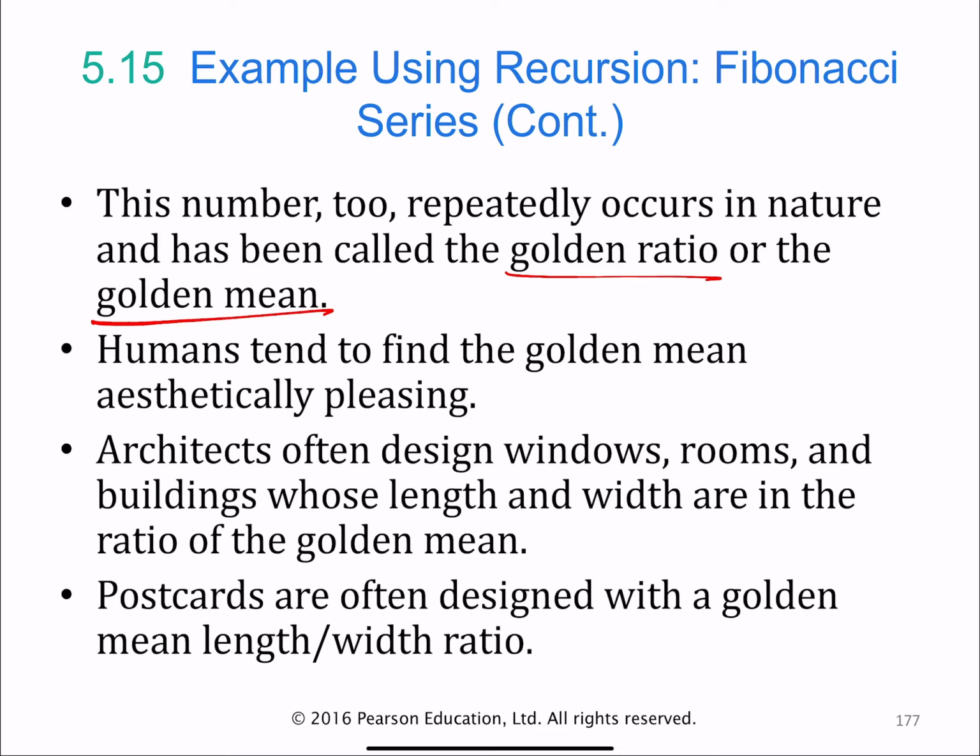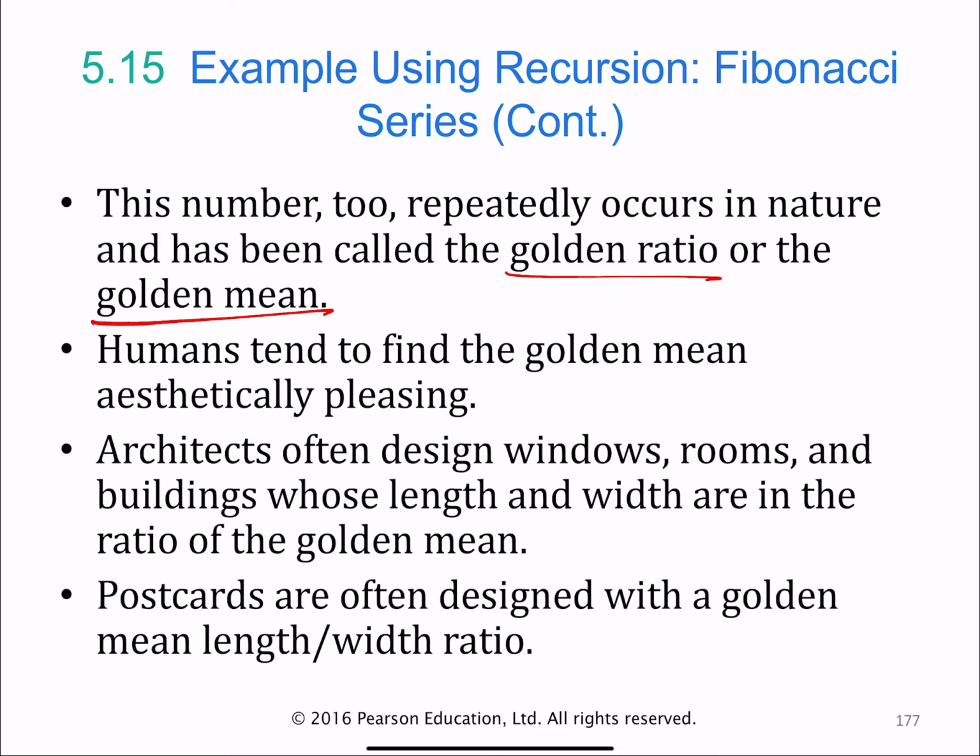For some reason, people have figured out that when dimensions of most things are in the ratio of 1 to 1.618, humans tend to find that ratio aesthetically pleasing. What examples do I mean by that?